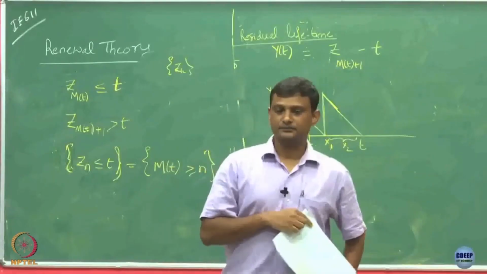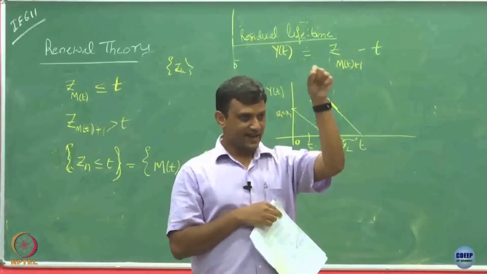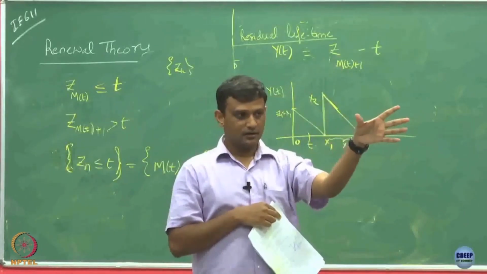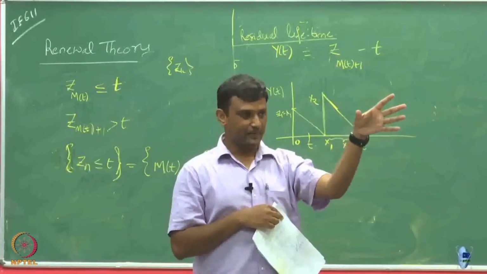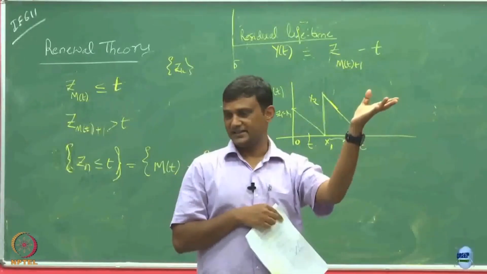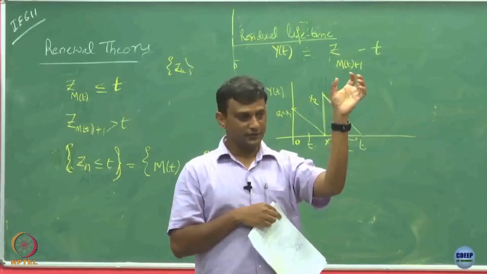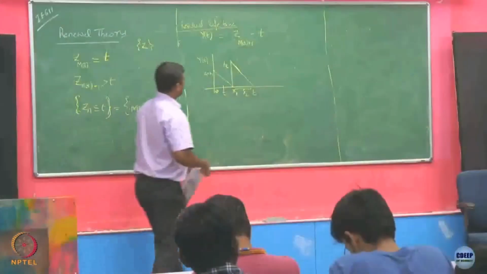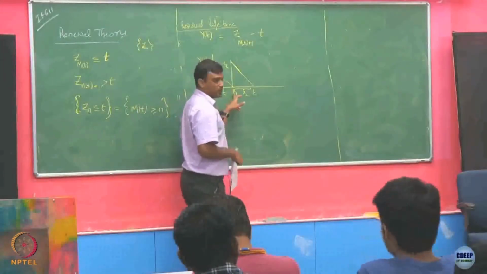So Y(t), the function Y(t) at any time t, gives me the time remaining before the next renewal happens, or in the battery example, the time before the battery gets discharged. So till this point you are clear.